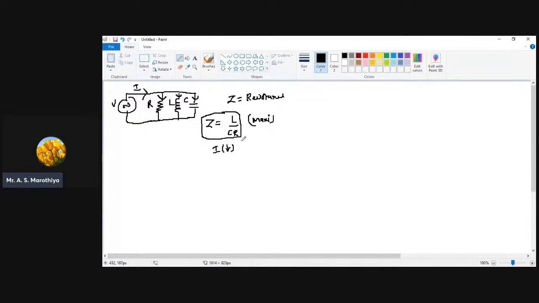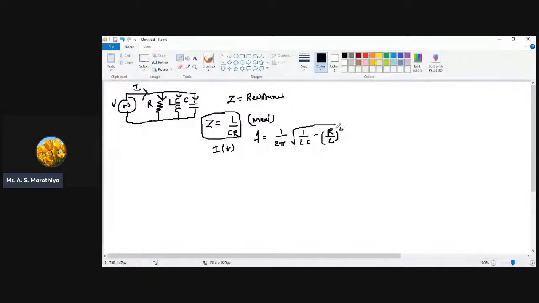In series, impedance is minimum, hence current is maximum. But in case of parallel, impedance is maximum, hence current has to be minimum. Now, what is the resonant frequency in case of parallel resonance circuit? It is going to be 1 upon 2 pi square root of 1 upon LC minus R by L whole square.